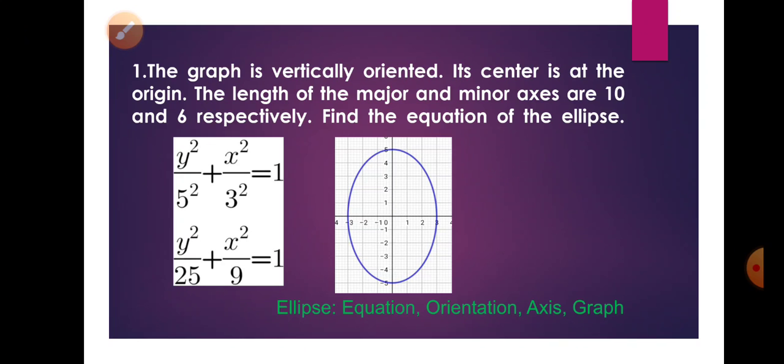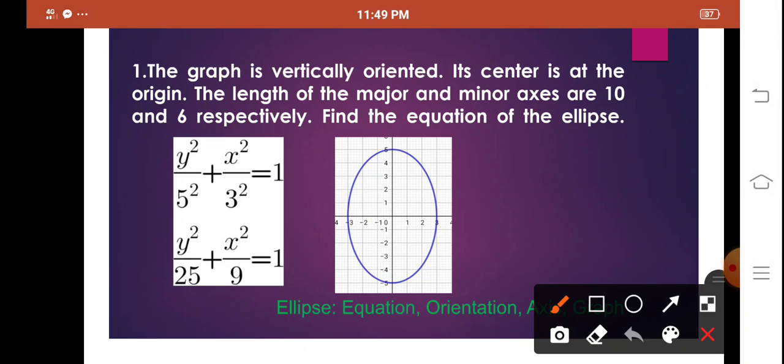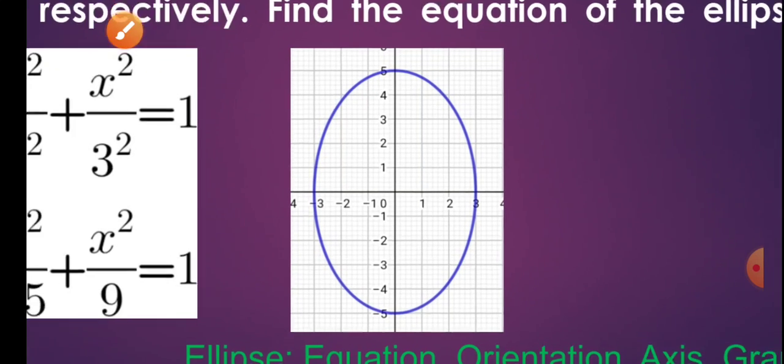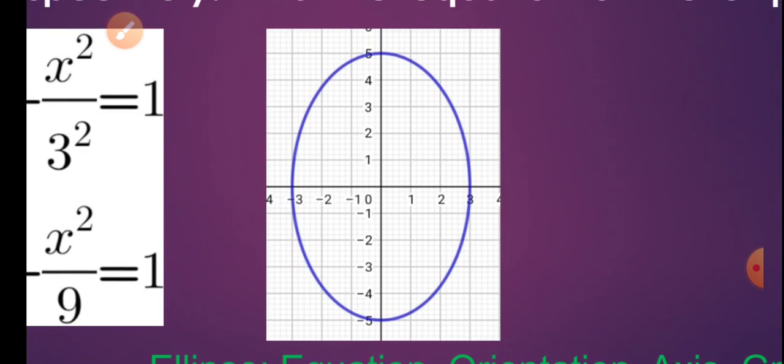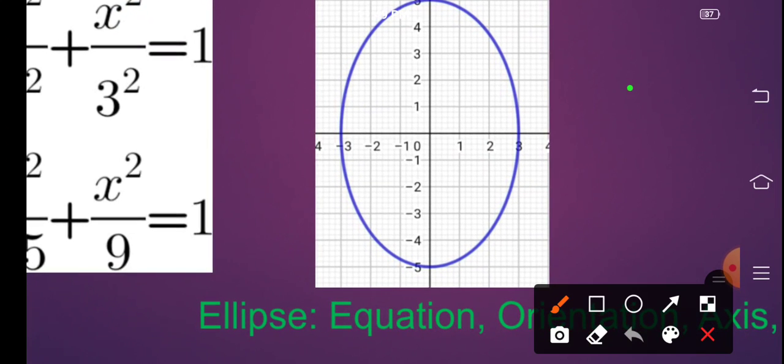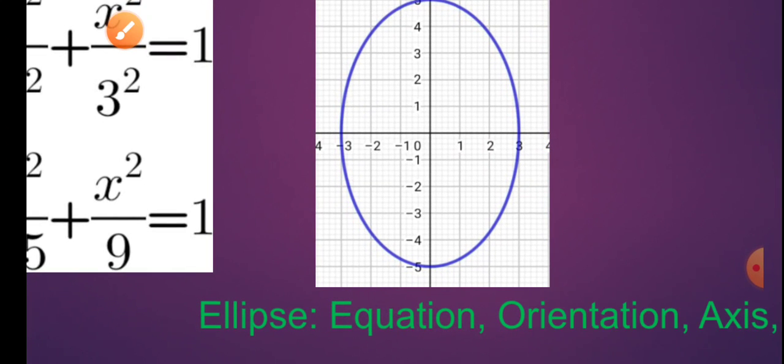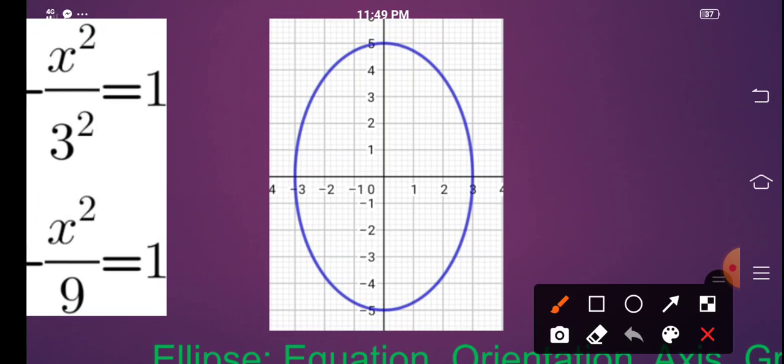The graph of the equation looks like this. As you can see, if you count the number of units from the center to the edge of the major axis, it counted 5 units.